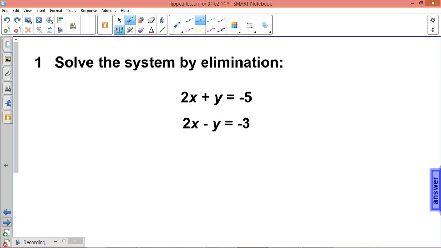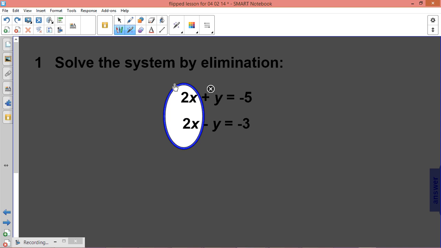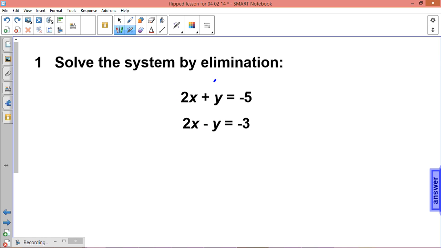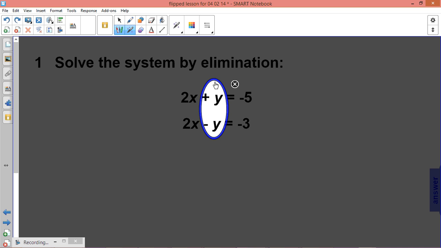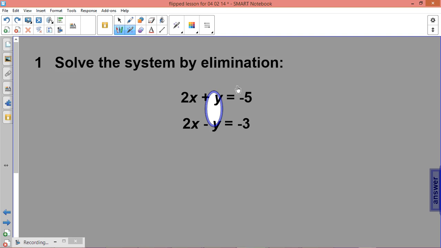So we're going to solve the system by elimination, and we have to think about which variable to eliminate. Well, look for the one that has the same or opposite coefficient. Here I can eliminate the x's or the y's, because notice the x's have the same coefficient, the y's have different coefficients.